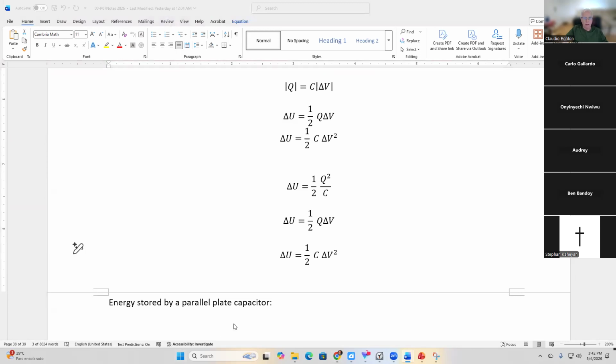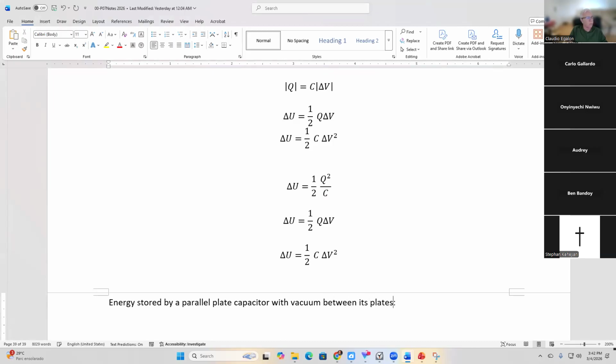Okay. First, a parallel plate capacitor with vacuum between its plates, right? With vacuum between its plates.